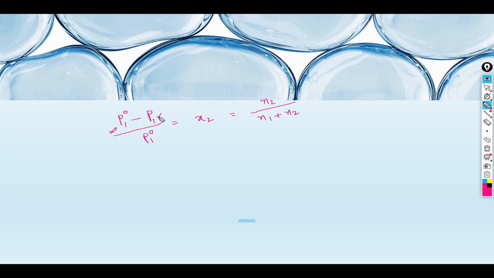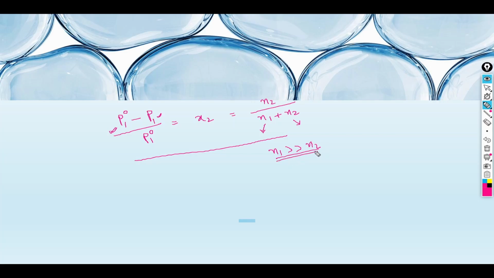P1 is the vapor pressure of solution after putting the solute into it. N1, N2 are the respective mole fractions of solvent and solute. This is of the solvent and this is of the solute. This is true, and if the solution is very dilute, at that time the value of N1 is much greater than N2.